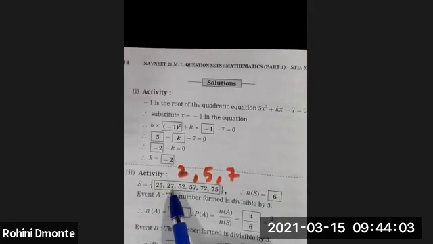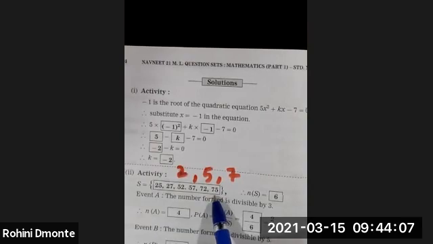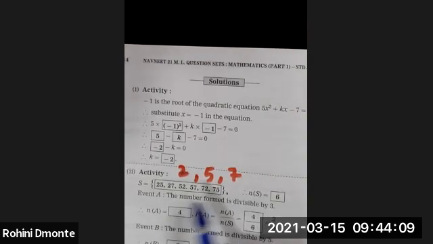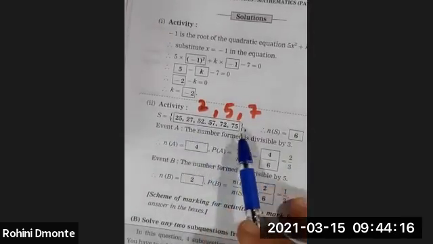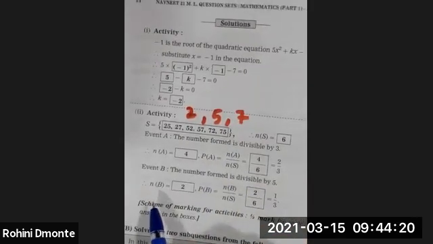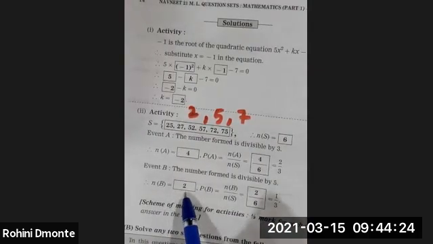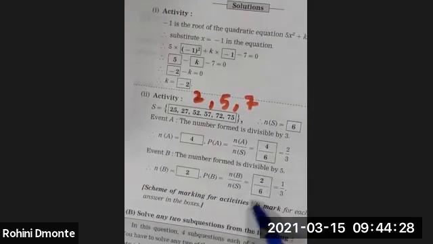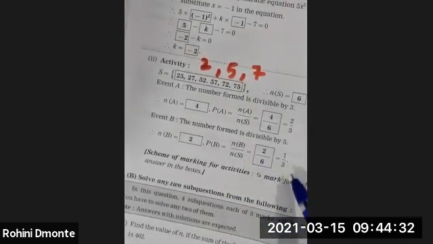Here you can't see 0 or 5, so this number is not divisible. Now 75: you can see 5 is at the unit place. So 25 and 75, these two numbers are divisible by 5. So you can write 25 and 75 in the sample points. How many sample points are there in event B? 2, right? So when you substitute this value in this formula, you will get this value.